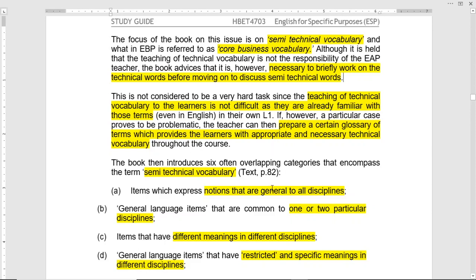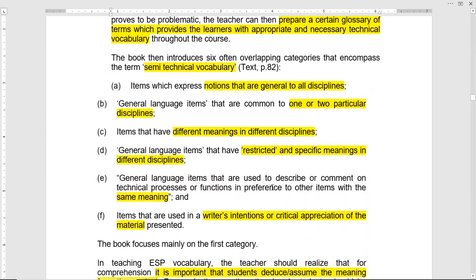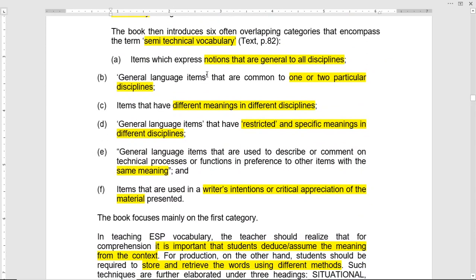There are 6 overlapping categories in semi-technical vocabulary. Semi-technical vocabulary items are general to all disciplines. They can be common to one or two particular disciplines.